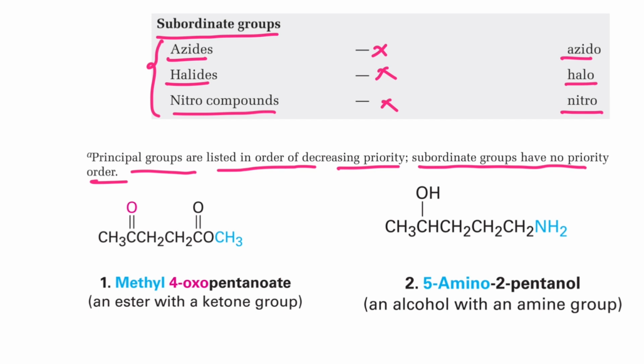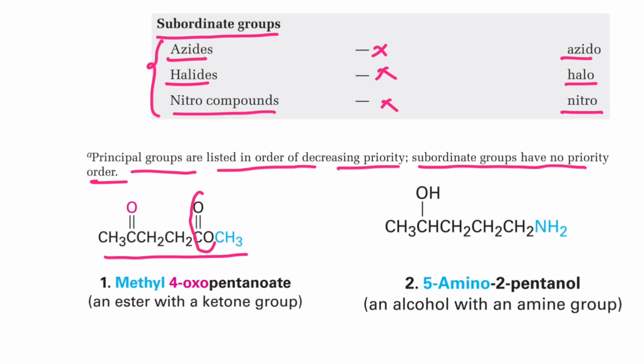Now, based on this priority order of the principal groups, we will try to write the IUPAC name of some given compounds. In the given compound, I will first find out what principal groups are present.